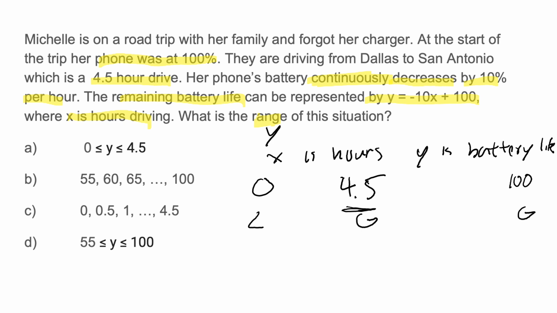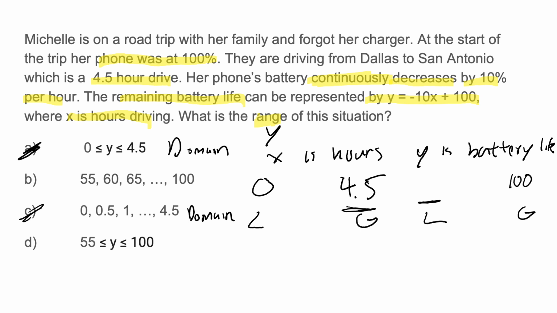But let's go ahead and talk about the answer choices. A and C are wrong because those are dealing with the domain. Now that we know that, we need to figure out the lowest amount of battery life.